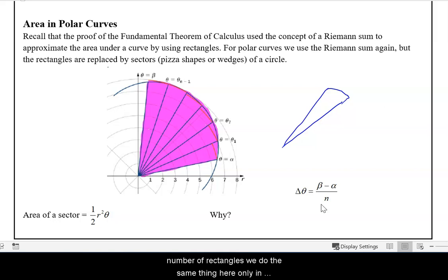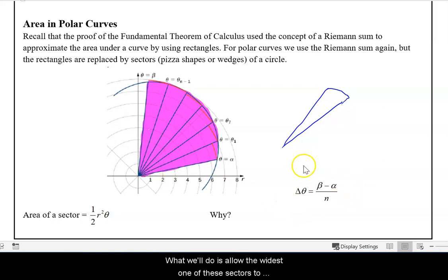We do the same thing here, only in this case, because it is an angle and no longer x, we are subtracting alpha from beta and dividing by n. That will give us the change in the angle of each of these sectors. Realize that each sector has a different change in angle.